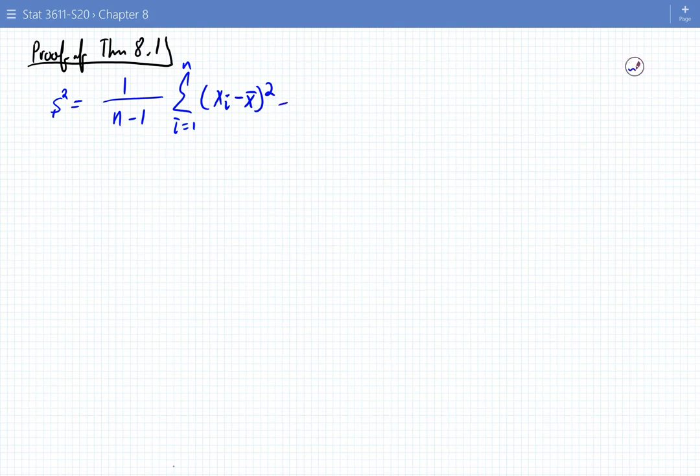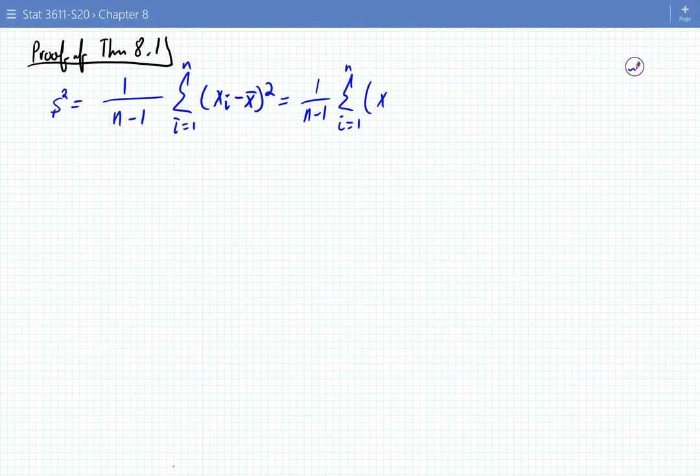Well, first, I think a natural place to start is to FOIL out what is in our summation here, the xi minus x bar squared. So we've got 1 over n minus 1 times the sum from i equals 1 to n. Let's expand that.